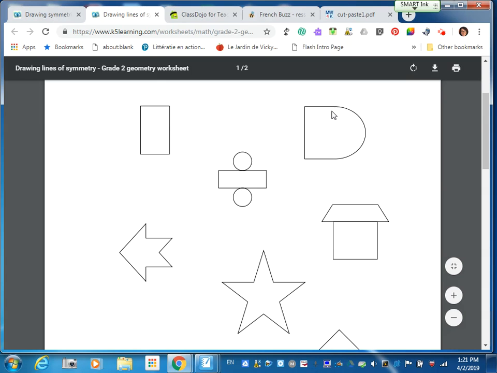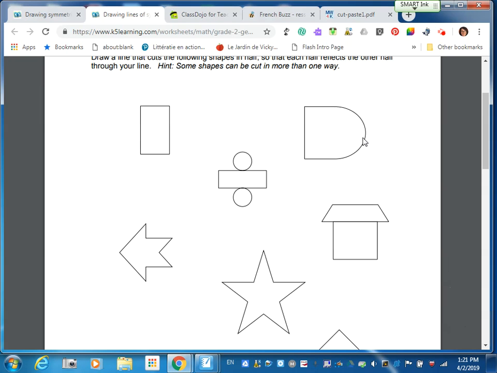In some cases, like in this shape over here, some students did a vertical line. And I explained to them, if we folded this side over onto this side, would it match? Would it be exactly the same? When they realized after folding that no, it would not be exactly the same, then that is not symmetrical.